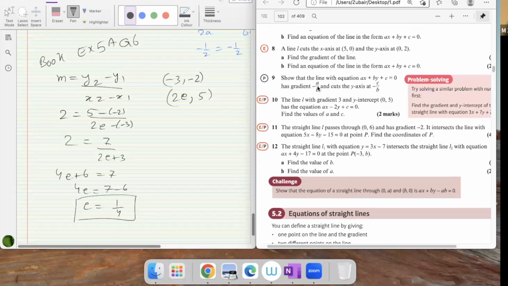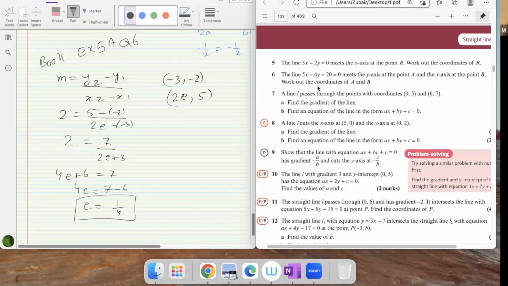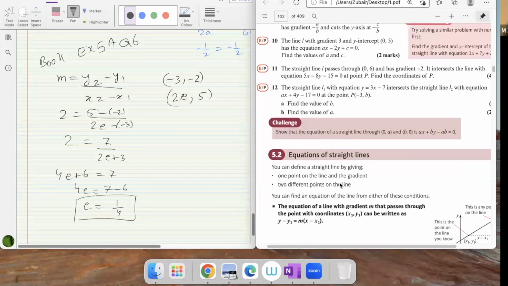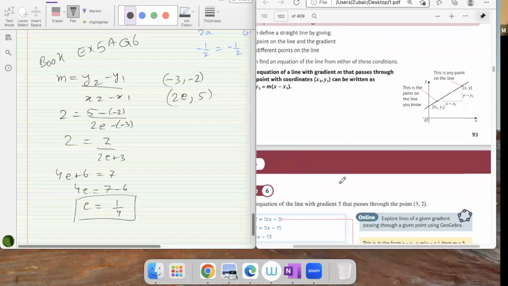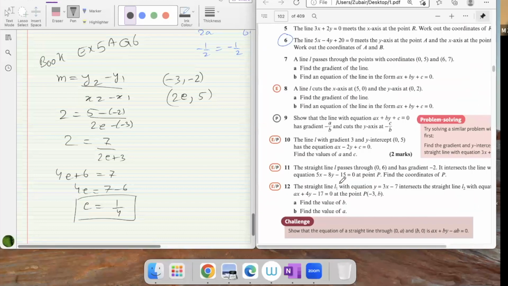Okay, so let's try this. Question number 6 again. This is on page 93.